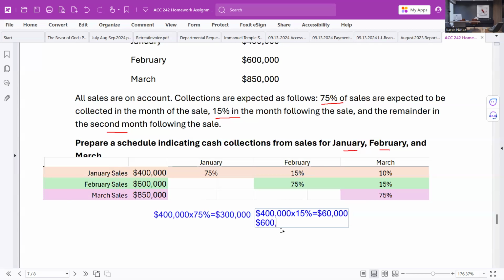They had $600,000 worth of sales in the month of February, and they're going to be collecting on 75% of those sales, or $450,000. And that's a total, right? The total in the month of February would be $510,000. That's the total that they're collecting in February from both the January sales and the February sales.